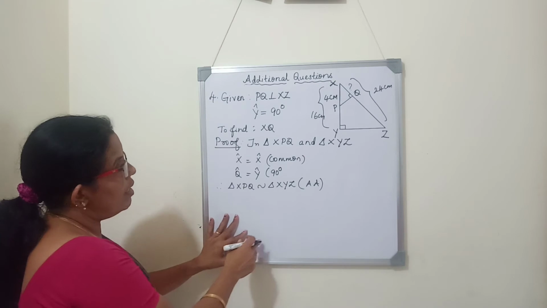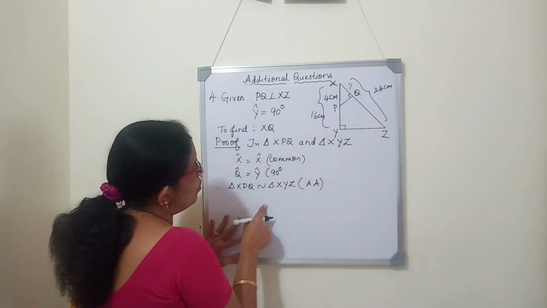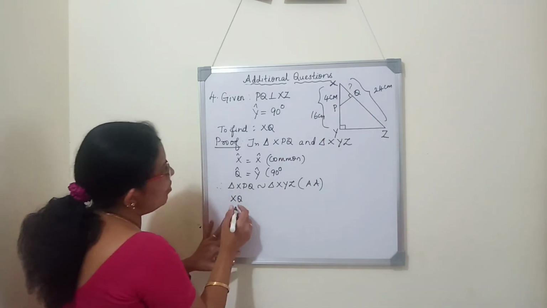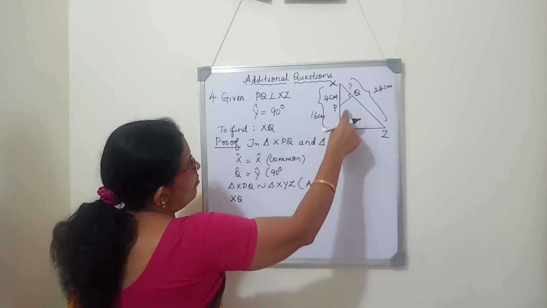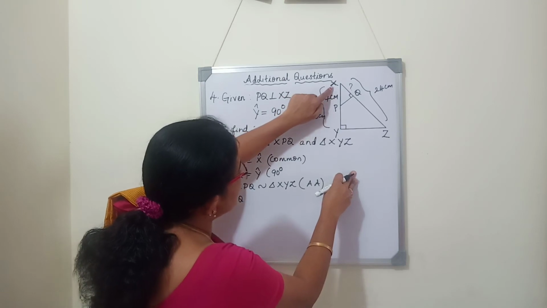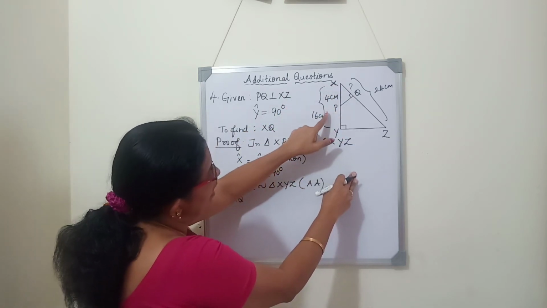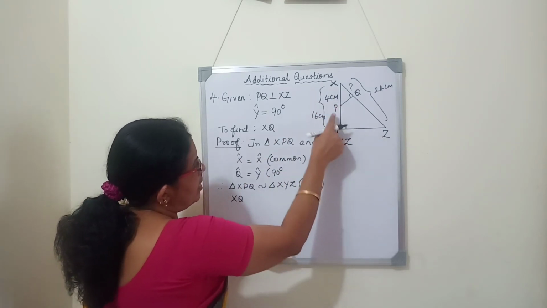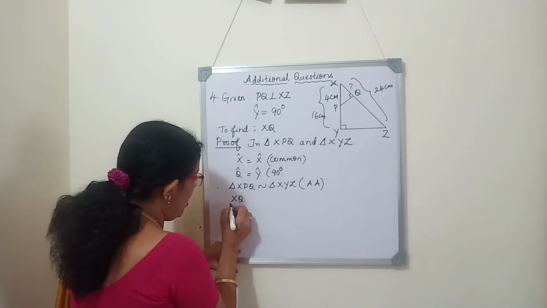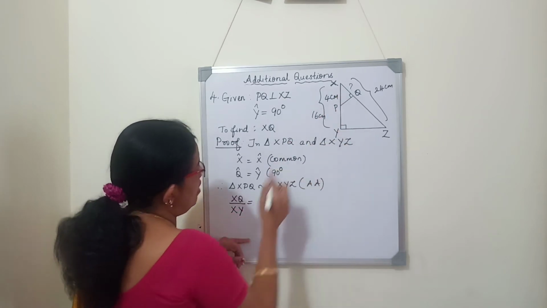Now we have to write the ratio. We will start from triangle XPQ. First we write XQ. When we write XQ, the corresponding side is XY, even though the sides are on the opposite side. In XQ, X is the common angle and Q is the 90 degree angle. So in triangle XYZ, starting from X, the side with the 90 degree angle is XY. So XQ by XY is equal to, now we write XP.